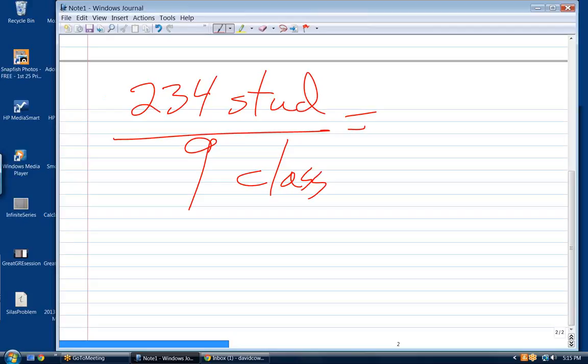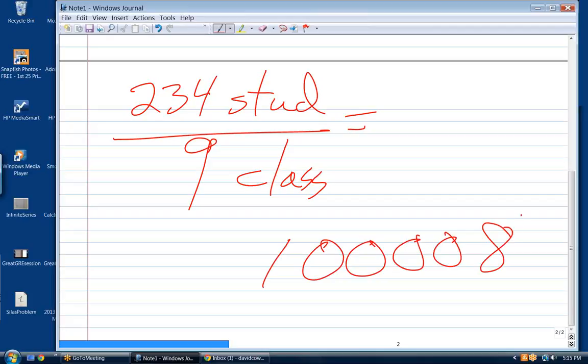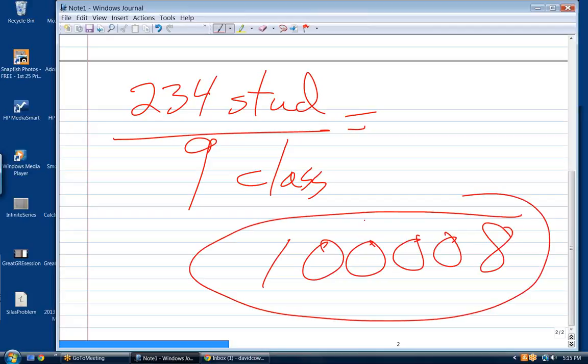Let's check. Hold on, before you check. You know how you can tell if a number is divisible by 9? The digits add up to 9. 2 plus 3 plus 4 adds to 9. So any number whose digits add up to 9, for example, this number, that's divisible by 9.